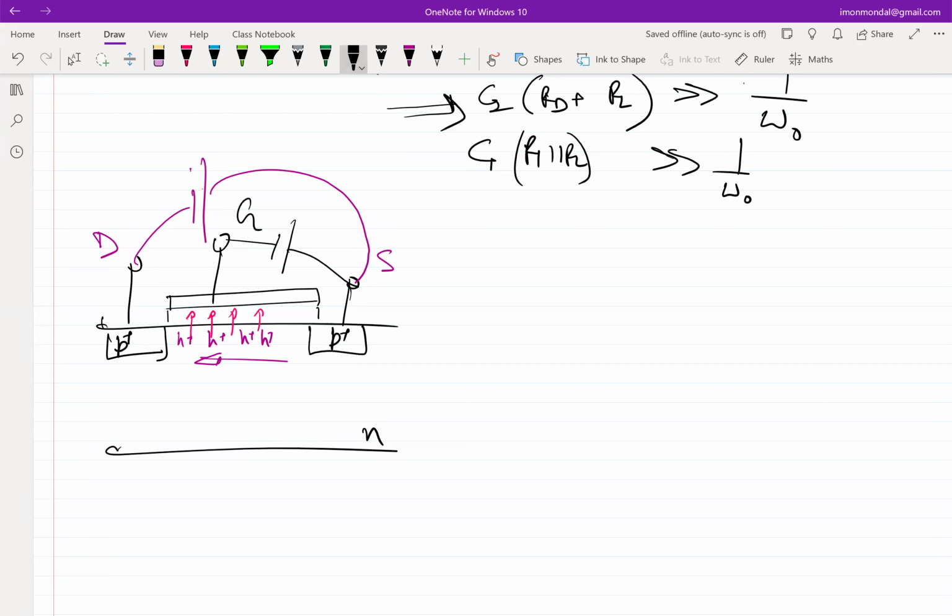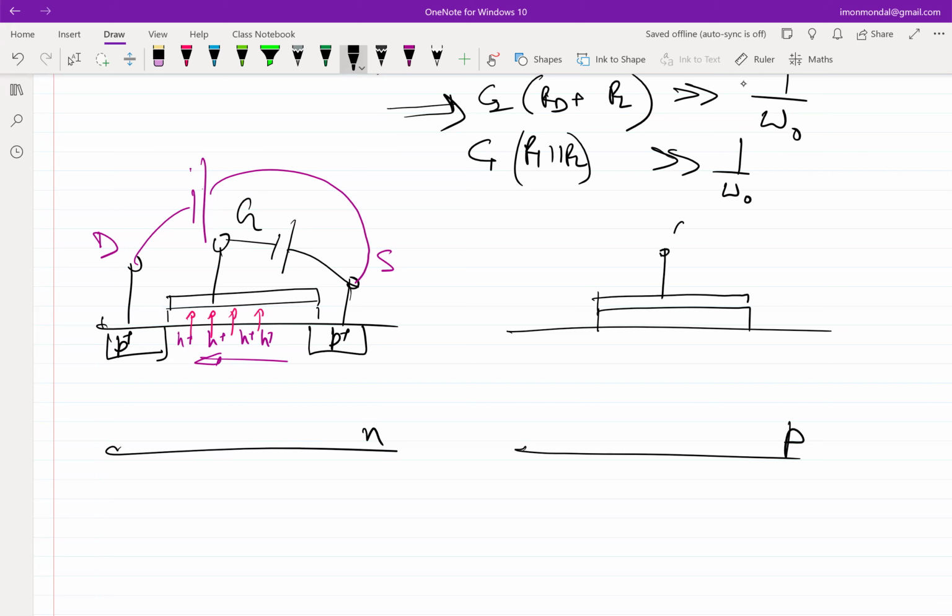An NMOSFET device is essentially exactly the same thing, just all the dopings are inverted. So you start off with a P-type substrate. Here you have the same thing, oxide and a gate. Here you have N plus. Let me call this source and this drain.